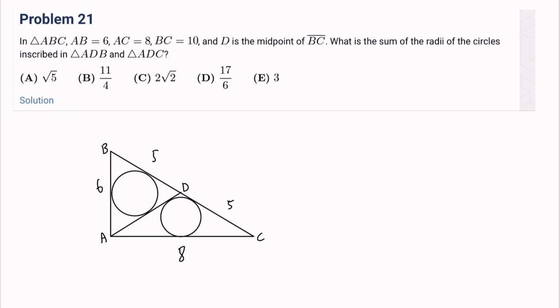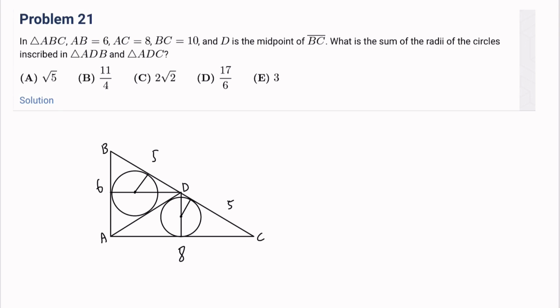And so we need the sum of the radii of the circles. So if we just drop down like that and drop down to AB like that, then we will get where the centers are. And if we know where the centers are, we can draw the line to the point of tangency like that.